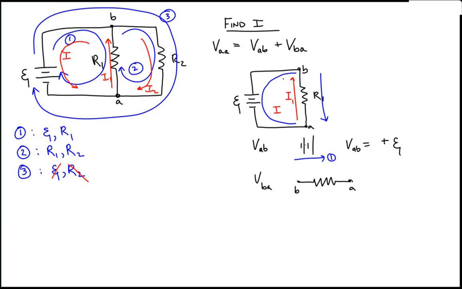Now in here, we are analyzing from B to A, but notice the current is from A to B. So because the current is opposite the direction of our analysis, the potential difference across the resistor from B to A is a positive IR1.